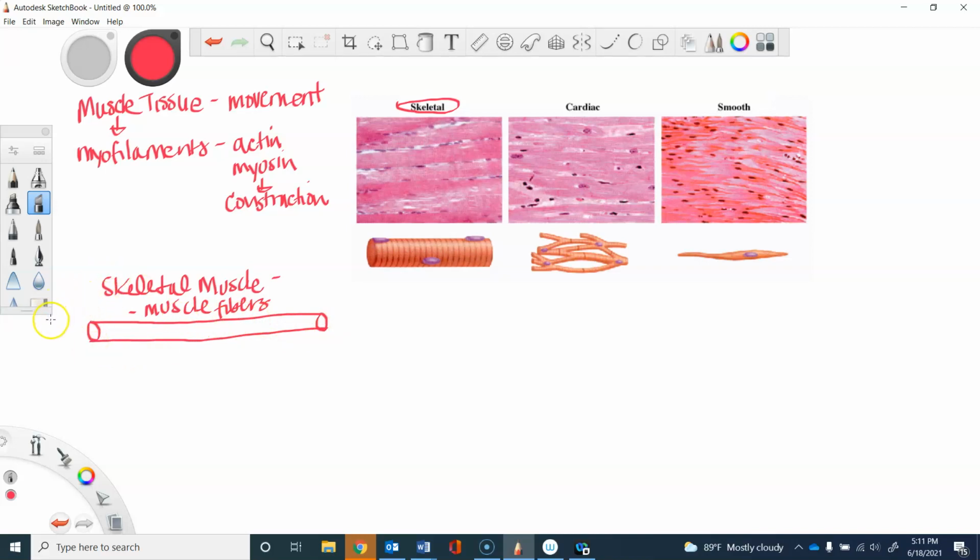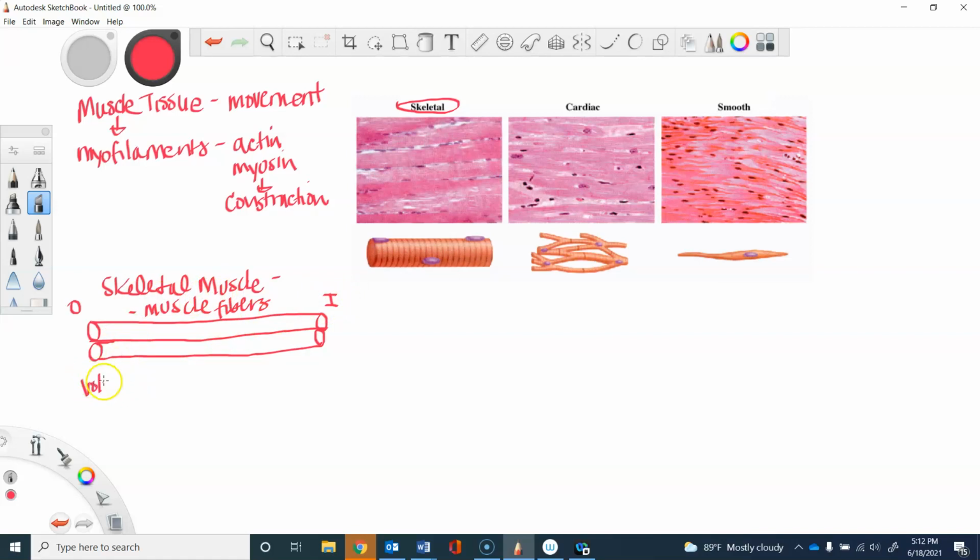And they run from where a muscle originates, so the origin, to where the other side of the muscle terminates, which is the insertion. And all of the cells are bundled together. So they're going to link together like this. And they're all going to run from origin to insertion.